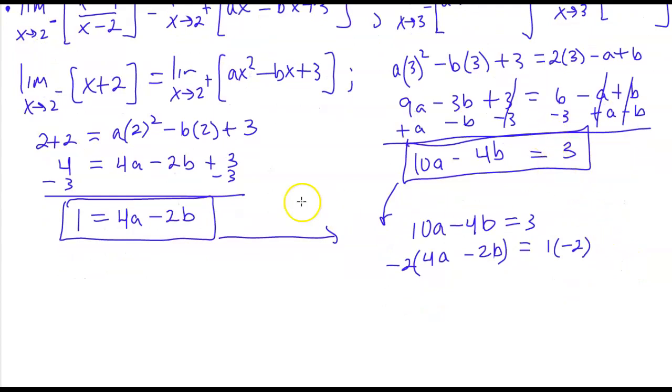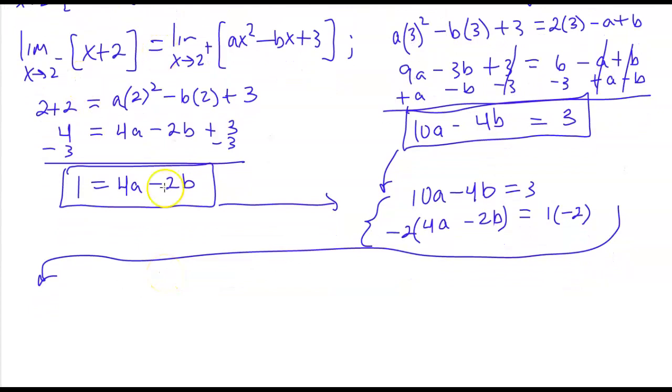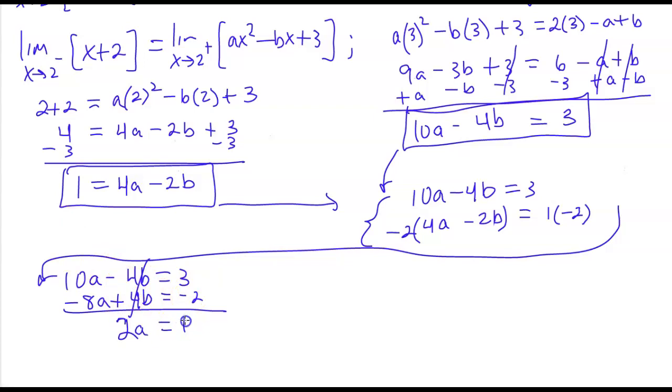So if I do that, bring it over here, then what I'll end up having is 10a minus 4b equals 3. And then this will be minus 8a plus 4b equals -2. And that cancels. We have 2a here. This is 1. So a ends up being 1/2.